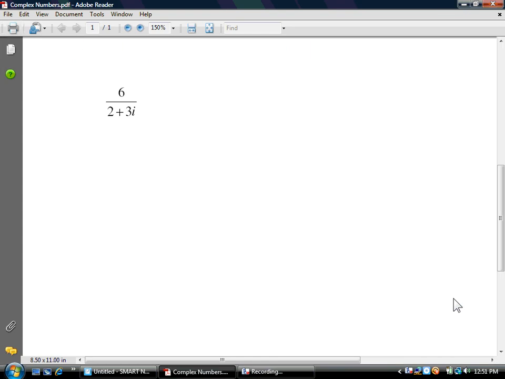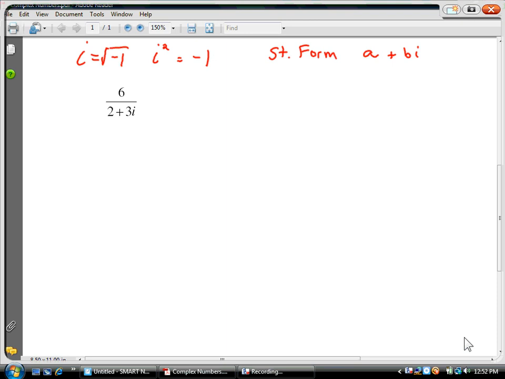Okay, sometimes you'll see an expression written like this, and what we're going to do is basically rewrite it again in standard form, remembering some of the key facts of i is equal to square root of -1 and i squared is -1.